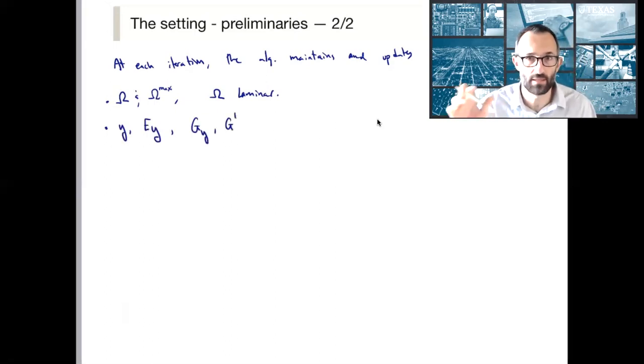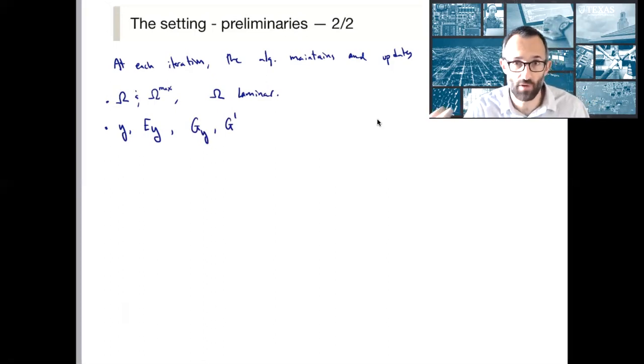Ey, again, is the set of allowable edges for the restricted primal. Gy is that graph on those restricted edges, and G dash is that restricted graph with all of the maximal elements of omega contracted.